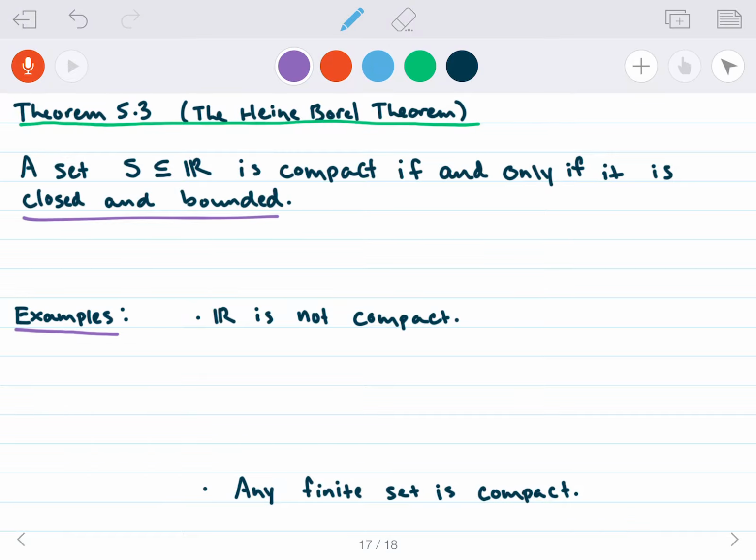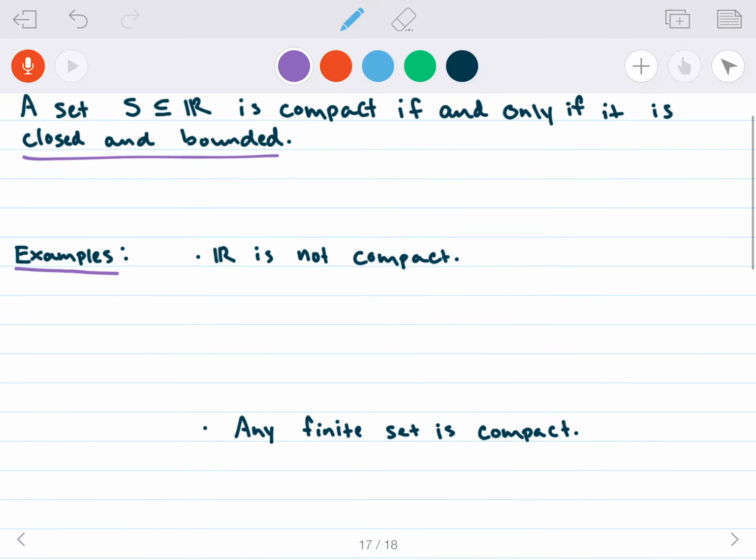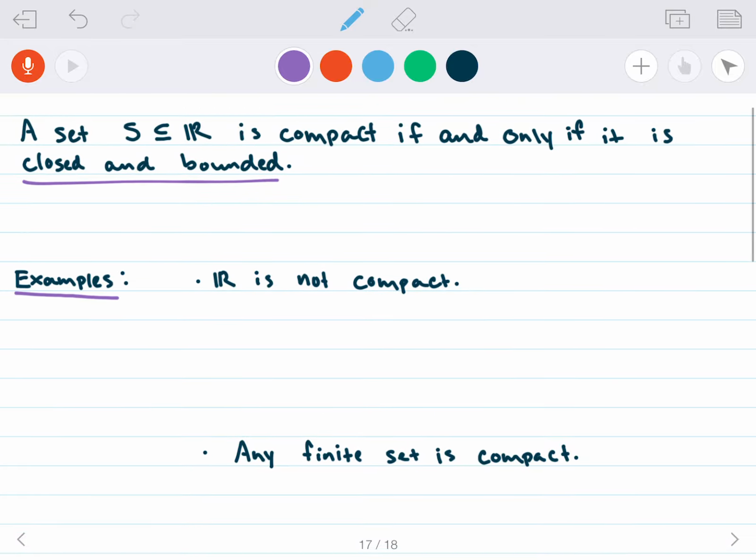If one of them is not, then it's not compact. For example, the real numbers is not compact. We have seen in examples that the reals are closed but not bounded. We can't bound the real numbers. Given any real number, we can always find one larger than it, so unbounded.